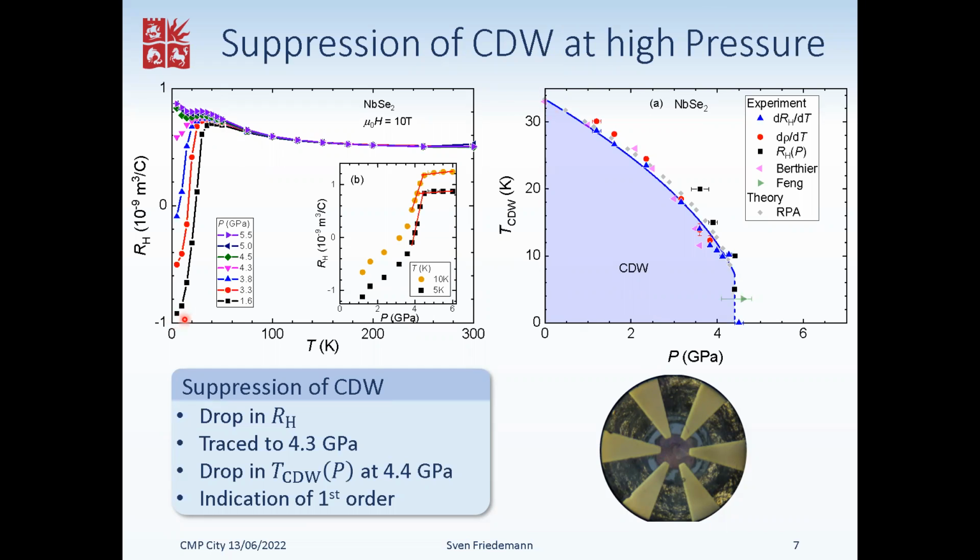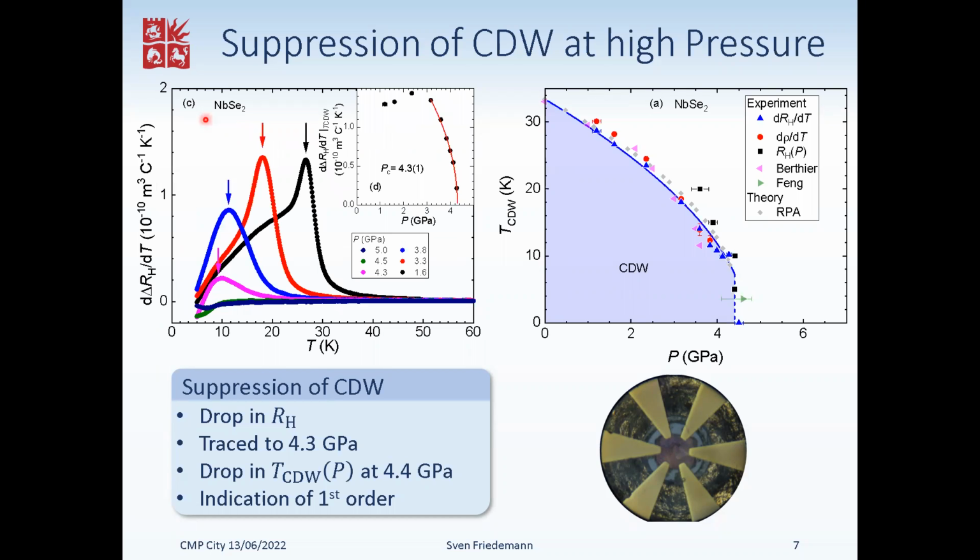We've looked at this. So here, these are points extracted from isotherms, but it's much better to do temperature sweeps of the Hall coefficient, which of course involves several temperature sweeps to do the antisymmetric part. The benefit of this being that one can then take a derivative and has much better resolution.